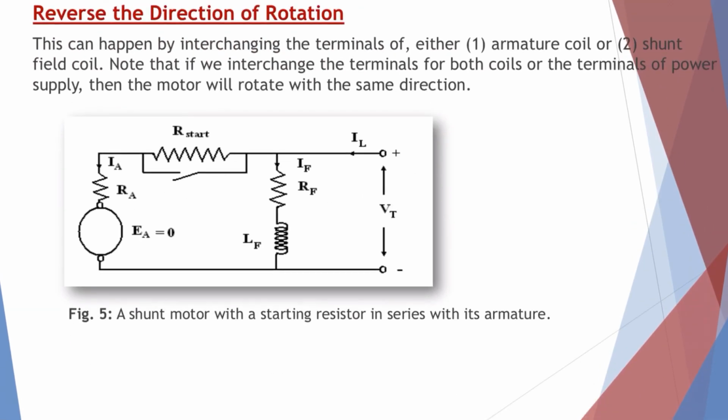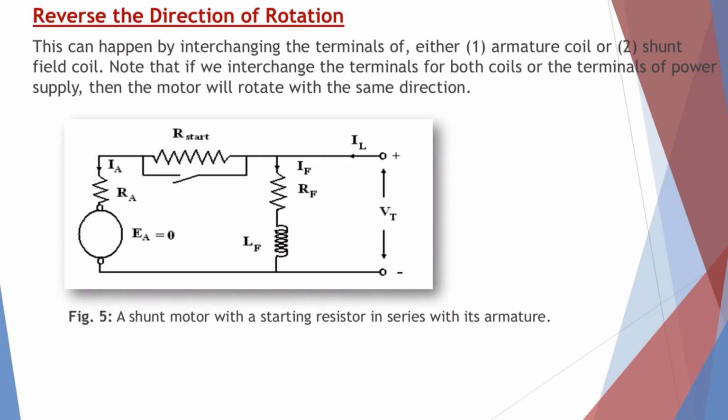Reverse the direction of the rotation. This can happen by interchanging the terminals of either the armature coil or the shunt field coil, as we can see in the practical session.